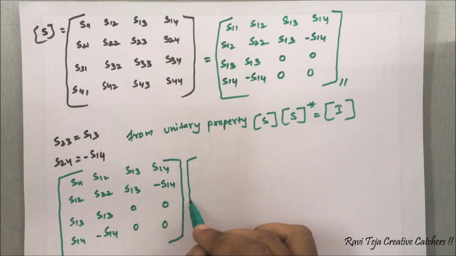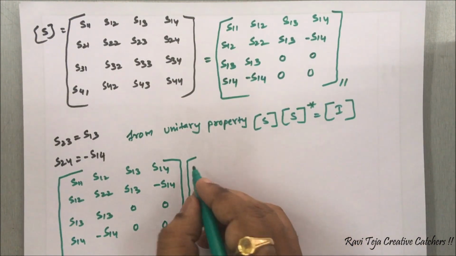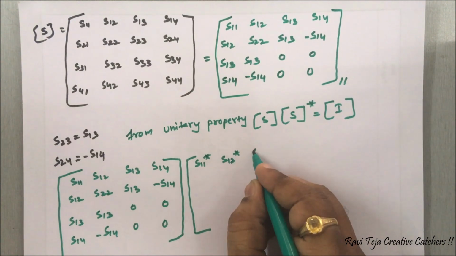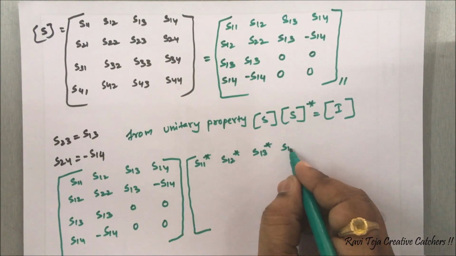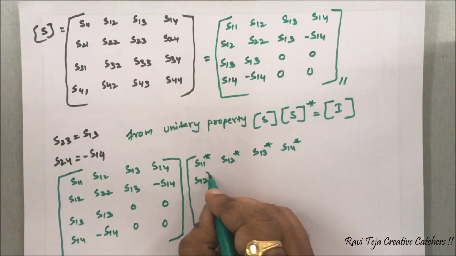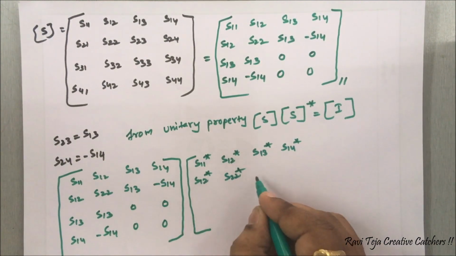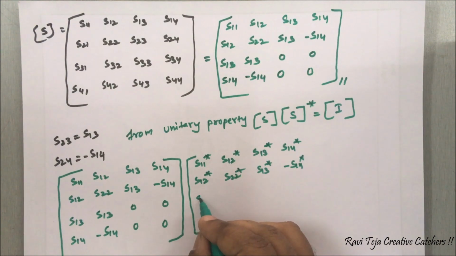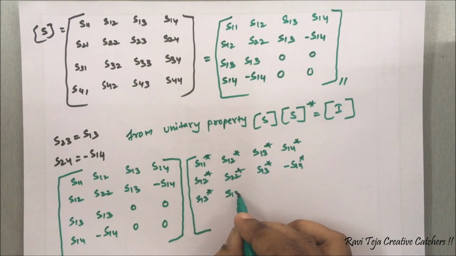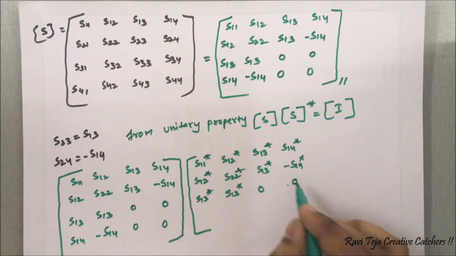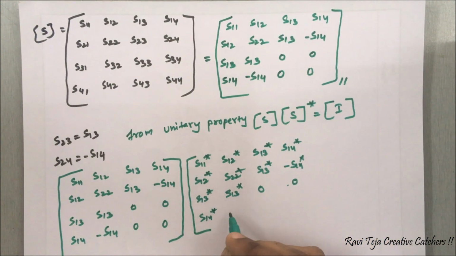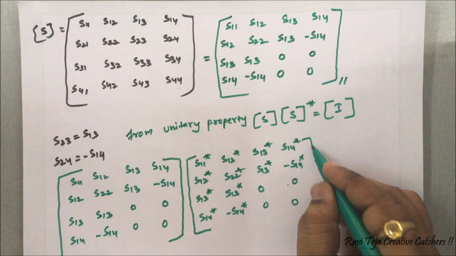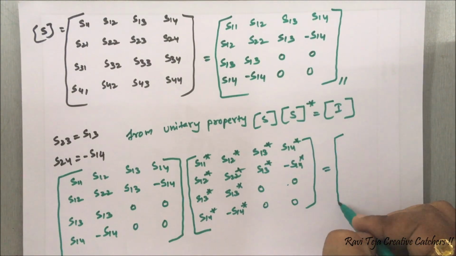So for S conjugate, we need to put stars: S11 star, S12 star, S13 star, S14 star; S12 star, S22 star, S13 star, minus S14 star; S13 star, S13 star, 0, 0; S14 star, minus S14 star, 0, 0, is equal to the identity matrix.